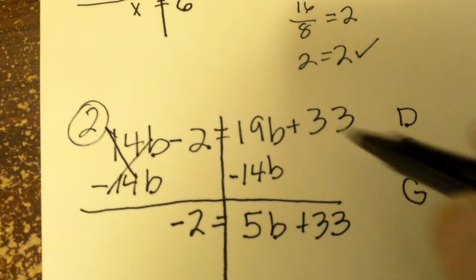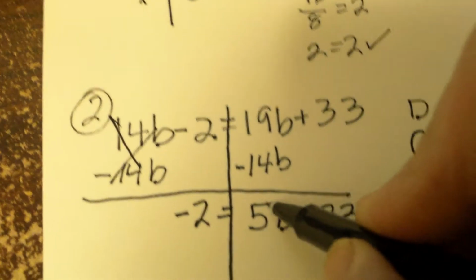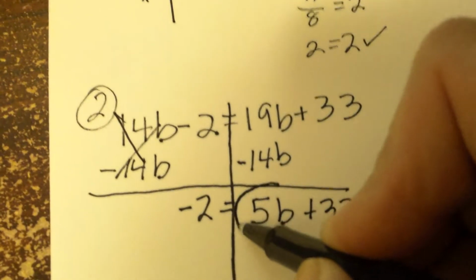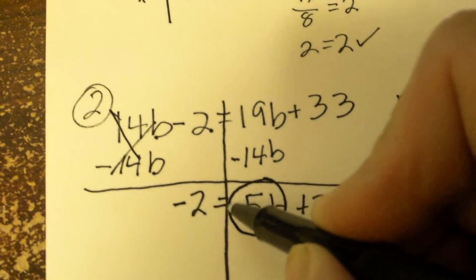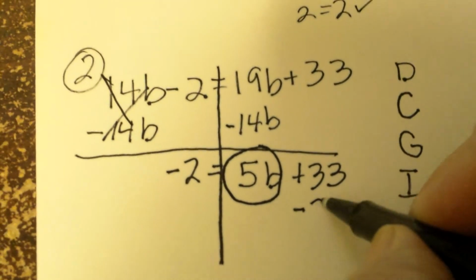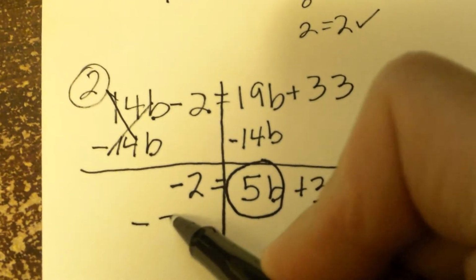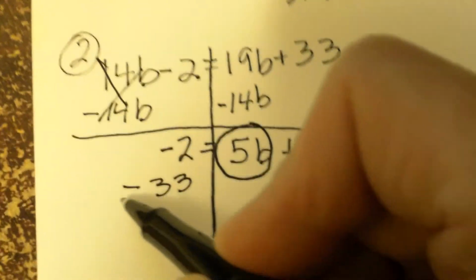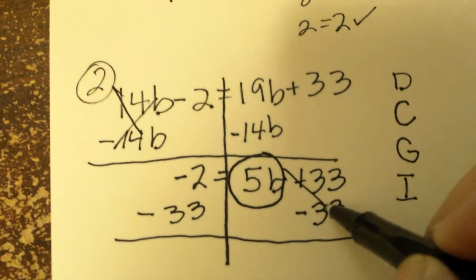Now, I am ready to isolate my variable. Where is my variable? It's right here. I'm going to circle the term that contains the variable, and I want this term all alone. So what I need to get rid of is these 33 positives, and I'm going to do that by combining them with 33 negatives. I'm going to do the same thing on the other side to maintain my balance. These cancel out.